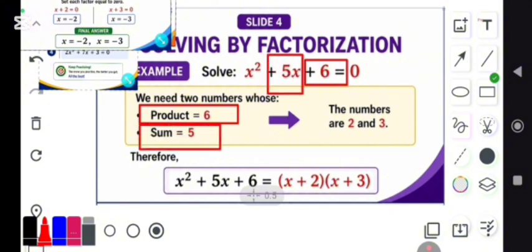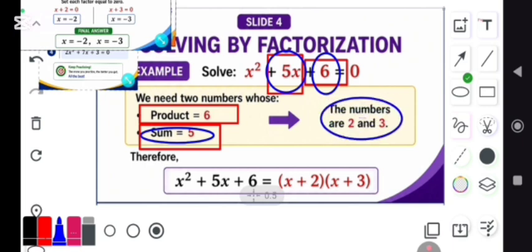In other words, we are looking for numbers that will multiply to give us our C, and when we add them together, they will give us our B. And so the two numbers to use in this equation are 2 and 3, because 2 multiplied by 3 is 6, whereas 2 plus 3 is 5, which is our B.